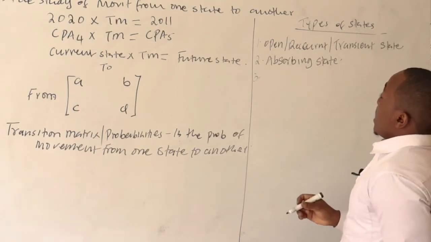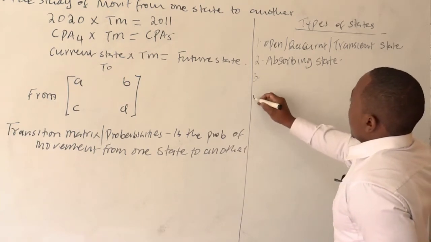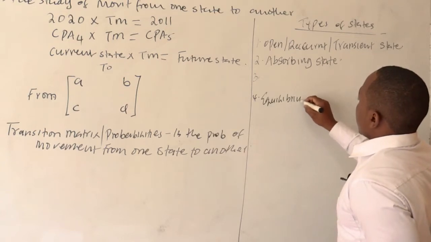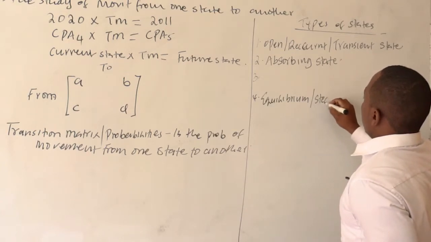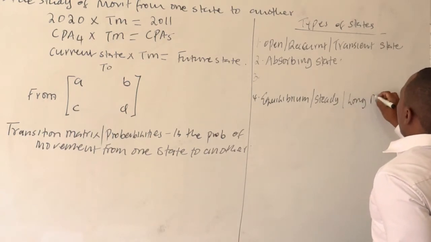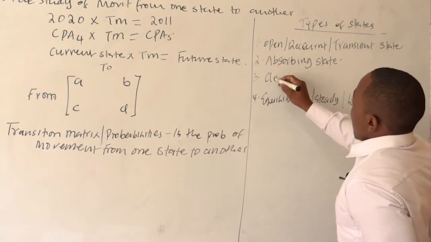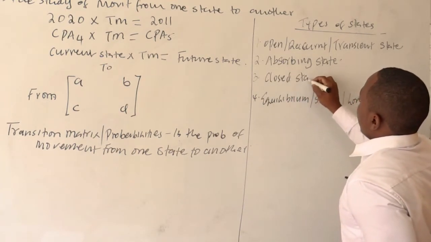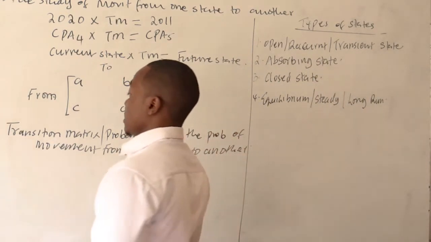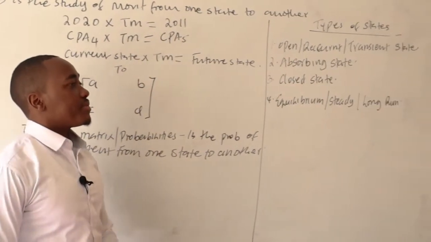And number 4, we have what we call equilibrium, or what we call a steady state or long run state, and then we have closed state. Those are the 4 major states we have.